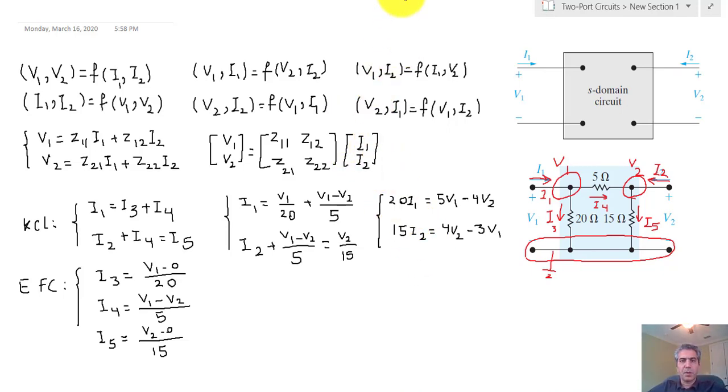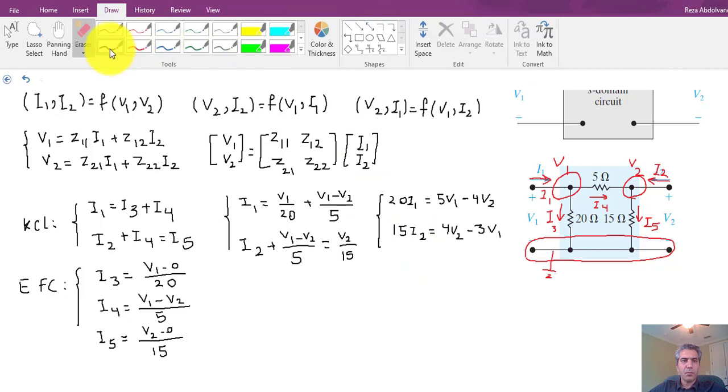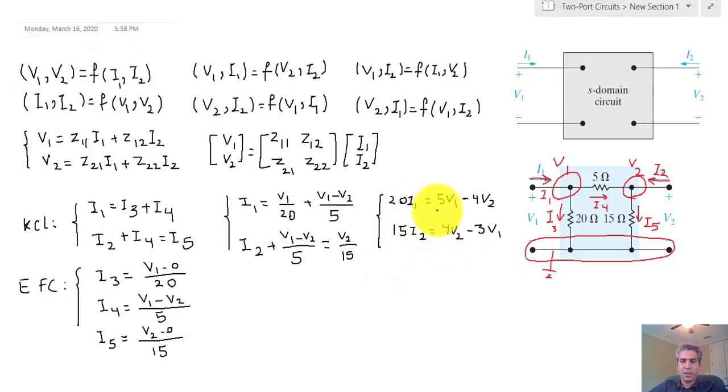So now I'm going to manipulate these two equations and find V1 and V2 as a function of I1 and I2. One way to do that is to just add these two sides up, and that way I get rid of V2.